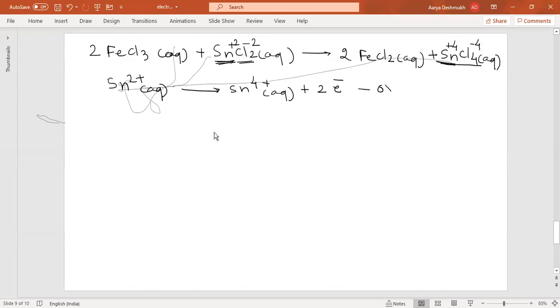So this is an oxidation, which means anode. Now go for the second one. What about this FeCl3? At this end, this is FeCl3, which means the oxidation number for Fe here is +3, because this is -3, so this should be +3 here.